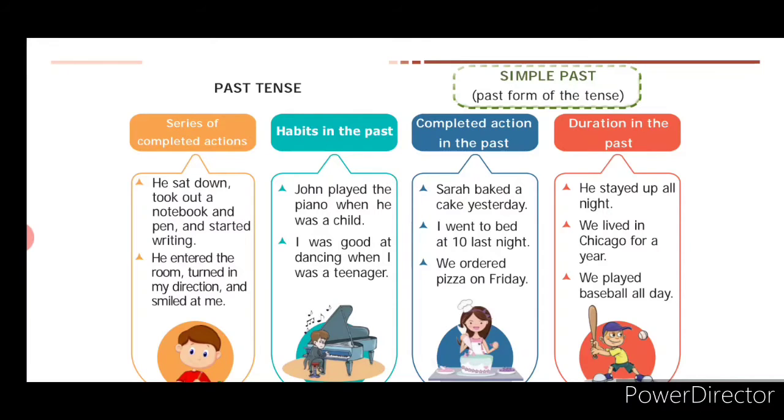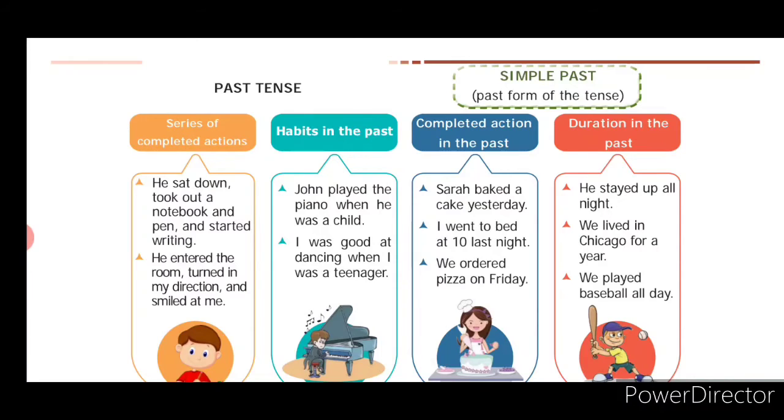What are the past forms we have? What is the past tense of write? Wrote. What is the past tense of learn? Learnt. What is the past tense of play? Played. What is the past tense of sit? Sat.